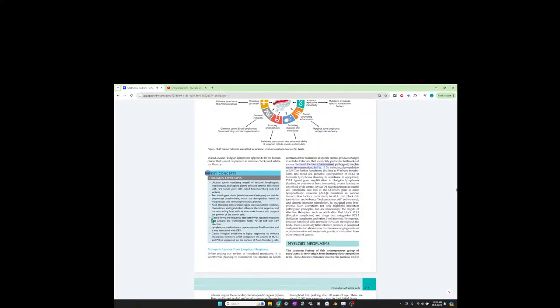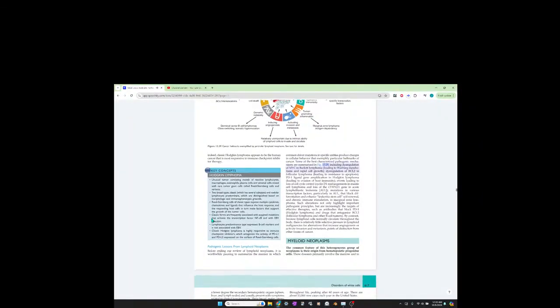Some of the best characterized pathogenic mechanisms are summarized in Figure 13.29, including dysregulation of MYC in Burkitt lymphoma, dysregulation of BCL2 in follicular lymphoma, PD-1 ligand gene amplification in Hodgkin lymphoma, events leading to loss of cell cycle control, cyclin D1 rearrangements in mantle cell lymphoma, and loss of the CDKN2A gene in acute lymphoblastic leukemia, mutations in various transcription factors, particularly in ALL, that block differentiation and enhance leukemia stem cell self-renewal, and chronic immune stimulation in marginal zone lymphoma.